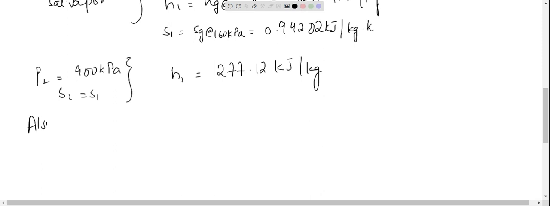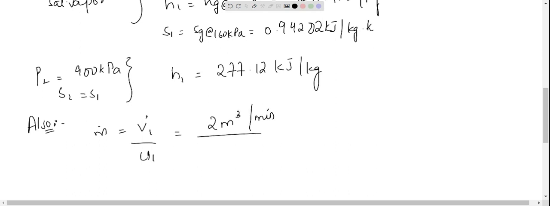Also we can find the rate of mass by using this formula. Now putting in the values, that is 2 cubic meter per minute divided by V1, that is 0.12355 cubic meter per kg.